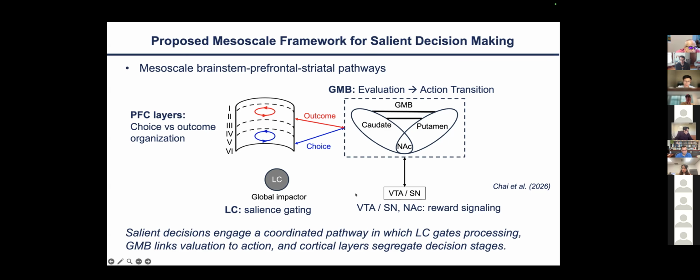So we propose this framework to incorporate the previous knowledge and also some mesoscale mechanisms we need to test. So this is our general picture. For this study, we want to answer mainly three parts: the LC, gray matter bridge and prefrontal layers.